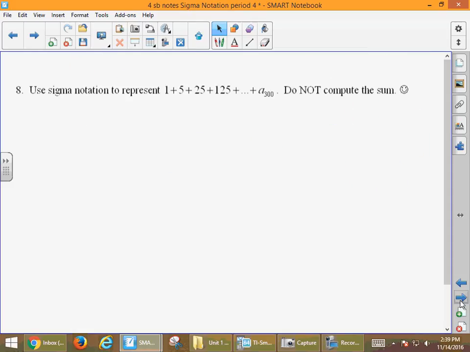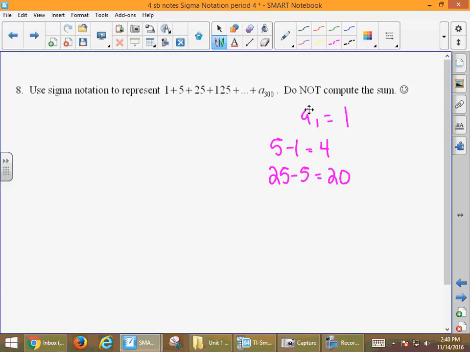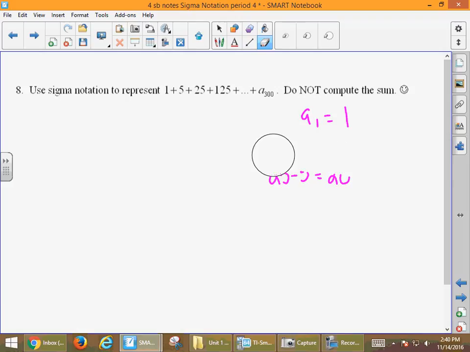But lastly, just using sigma, we need to be able to identify whether something is arithmetic or geometric. When we look here, our first term is 1, but when we look at the rest, we need to decide if this is arithmetic or geometric. If we do 5 minus 1, we get 4, but 25 minus 5 gives us 20, and those numbers aren't the same, which means that this is not arithmetic.